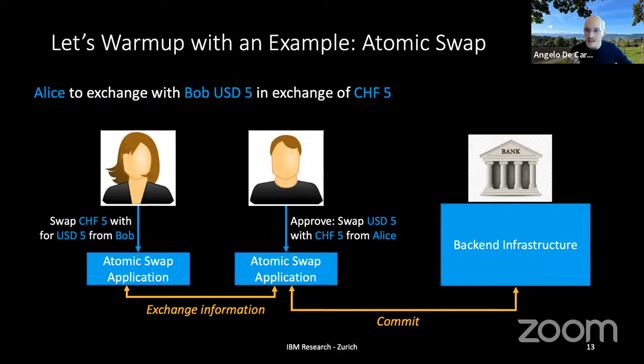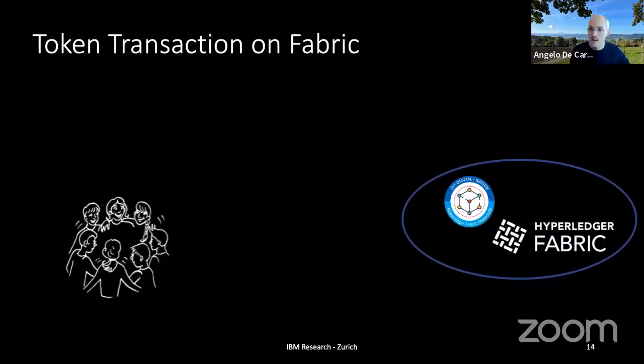Now let me give you a sense of what's really happening behind the scenes when we have Fabric as a backend. On the left-hand side we have a bunch of business parties. We might have more than two business parties collaborating in a peer-to-peer fashion. They decide they want to perform certain token operations atomically.